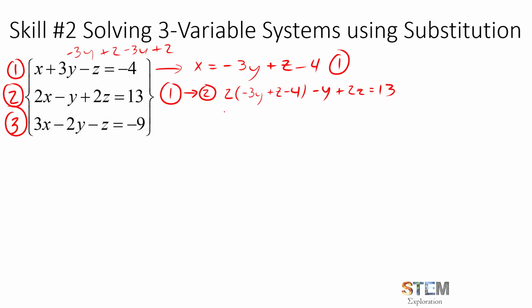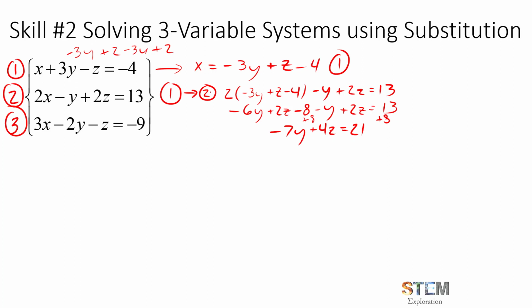If I distribute the 2, this gives me negative 6y plus 2z minus 8, minus y plus 2z equals 13. That comes out as negative 7y plus 4z, and I'm going to add the 8 to both sides, so this equals 21.